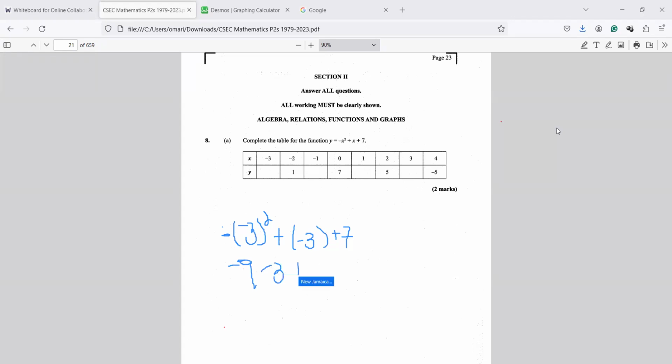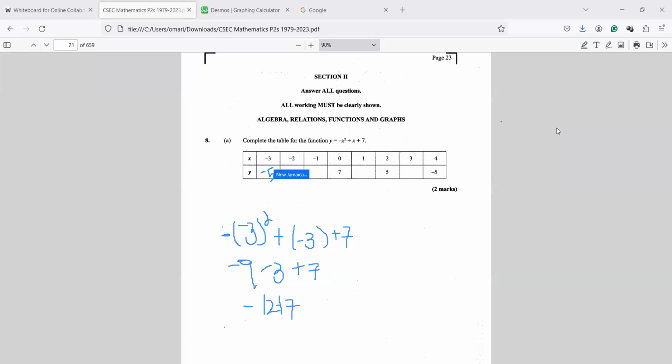And then plus 7. Two negatives beside each other, we'll add them. So 9 and 3 is 12. We'll end up with -12 plus 7. And you add that, you should get -5. So our answer for this part is -5.